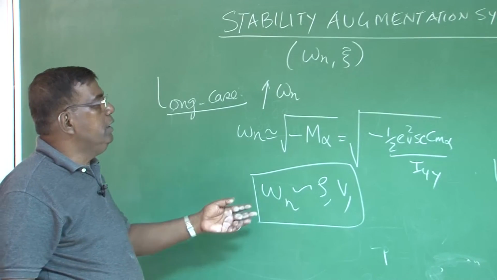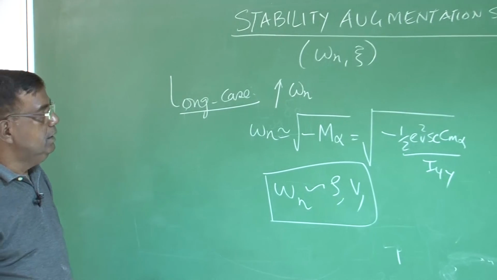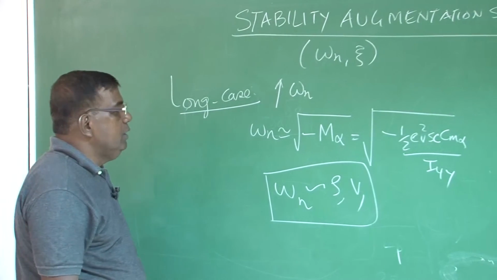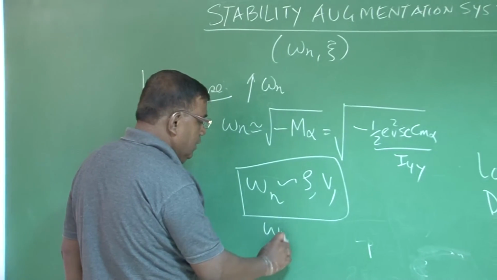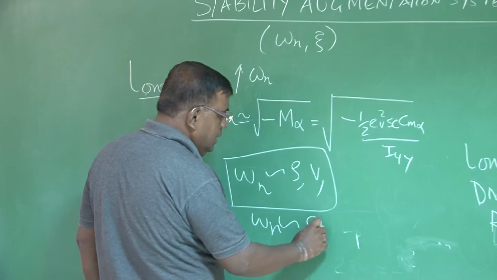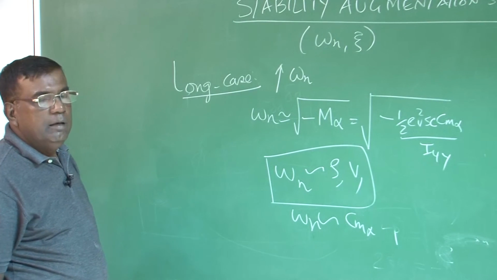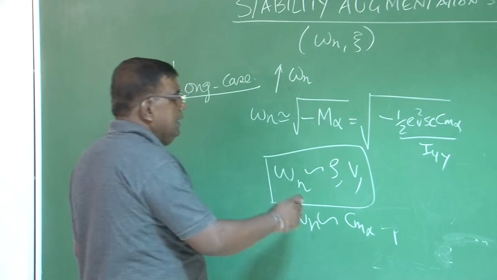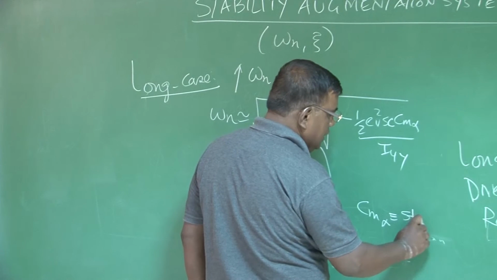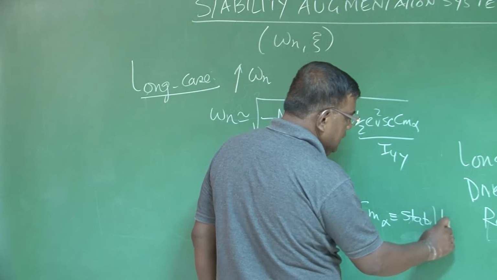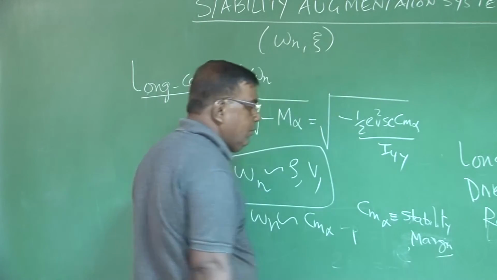Similarly, as I go on increasing the speed, omega n will go on increasing. This is very, very important to observe. Also, I can tweak omega n by changing Cm alpha. And the problem is, Cm alpha has a direct link with the stability margin, that you know. So you cannot go on changing the stability margin in flight.